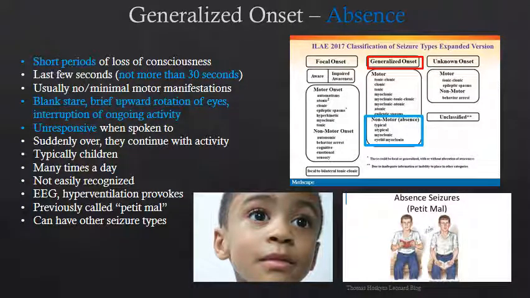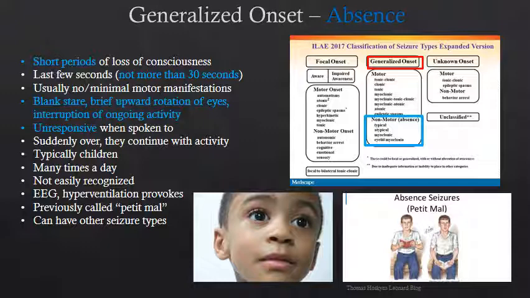Next, we have generalized onset, non-motor presentation, which are absence seizures. Absence seizures are short periods of loss of consciousness or loss of responsiveness. They last only a few seconds, usually not more than 30 seconds. They have no or minimal motor manifestations.